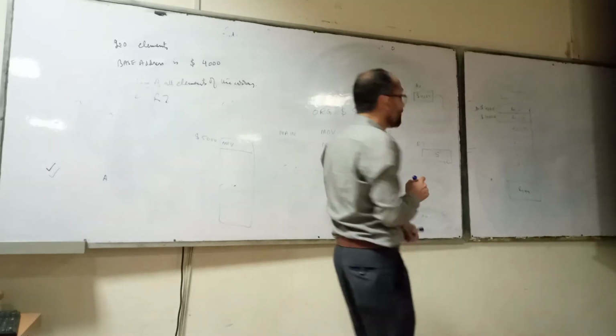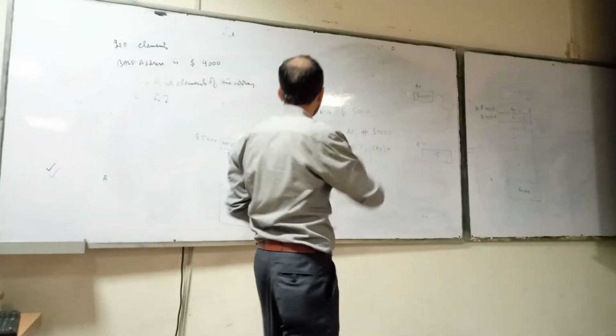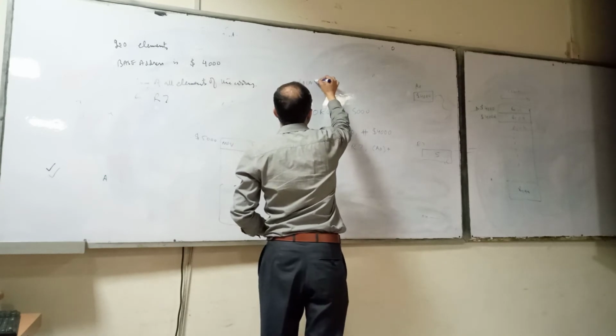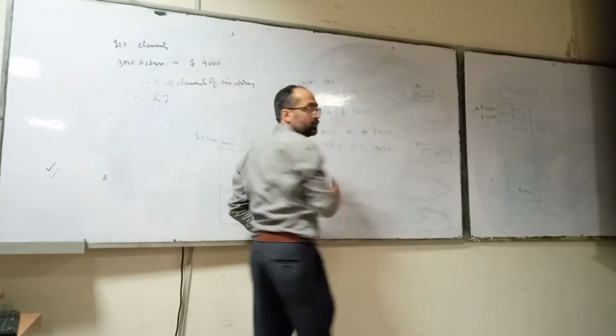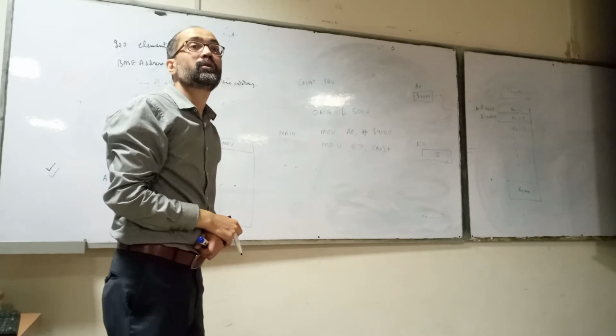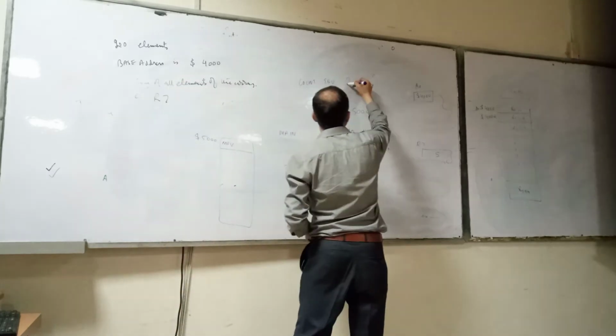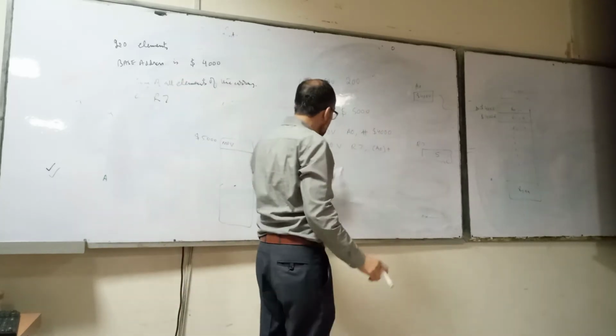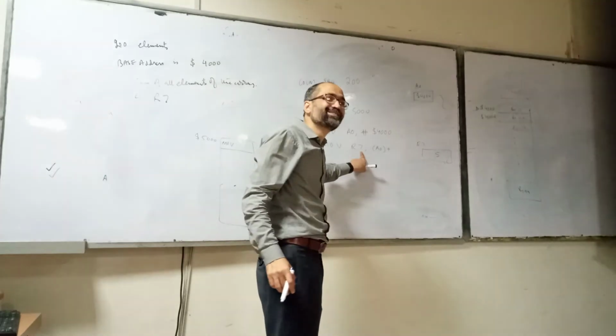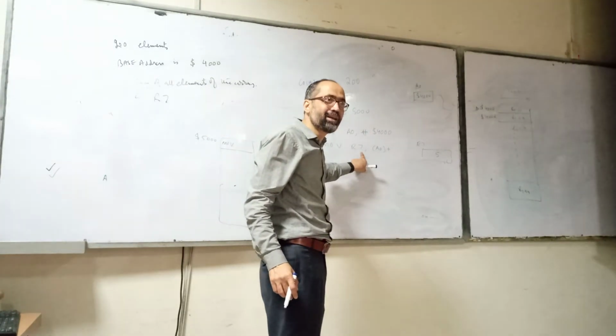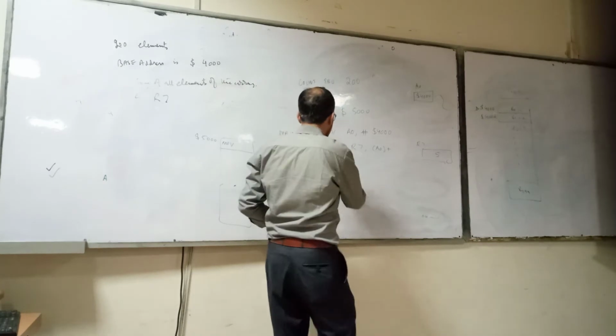Now we also need a loop counter. Count equals the number of elements in the array, 200. Now the first element has been moved, so we can decrement.